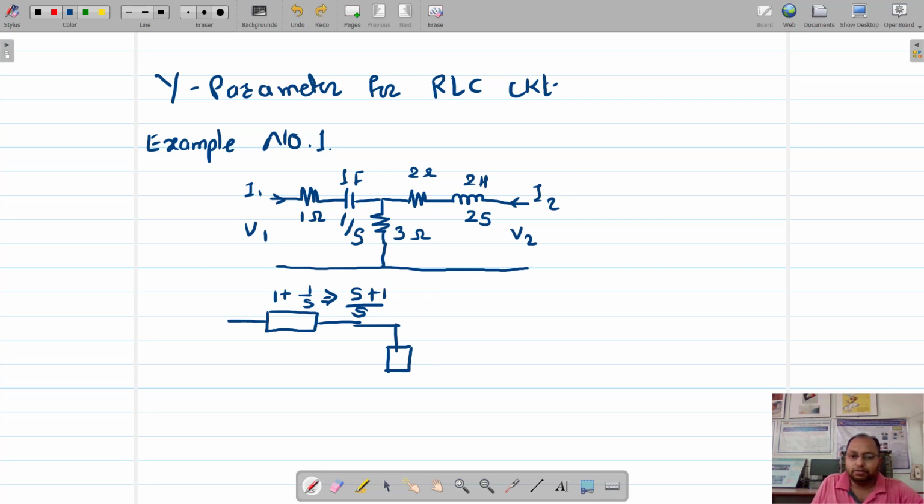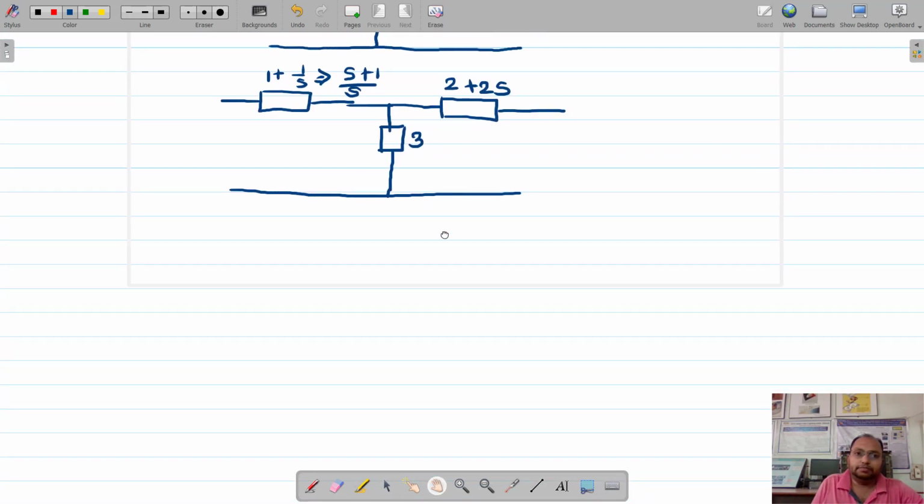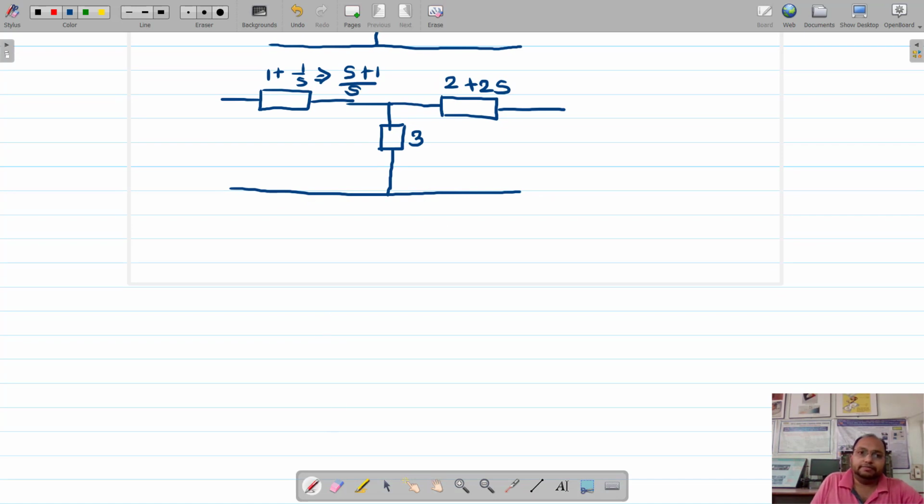And this is 2 plus 2S. This is our modified diagram after replacing the inductors and capacitor by s values. Now let us apply Y parameters and find out these parameters.